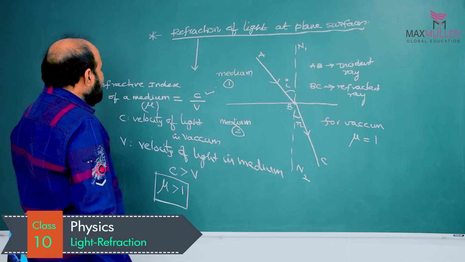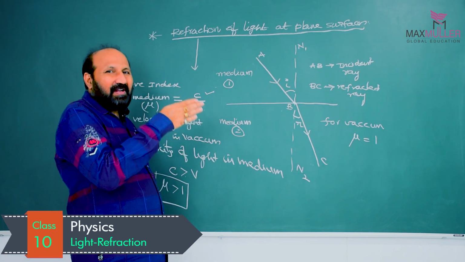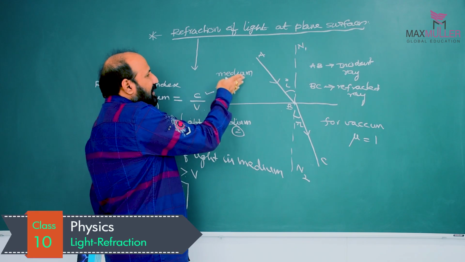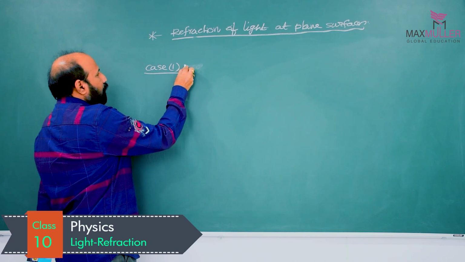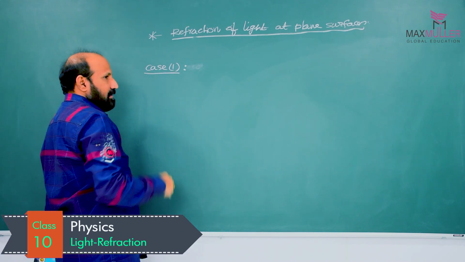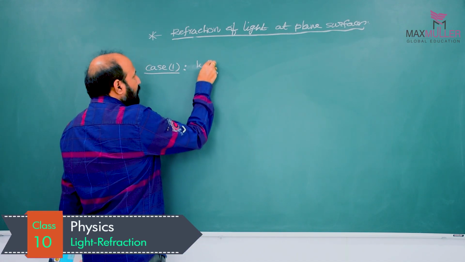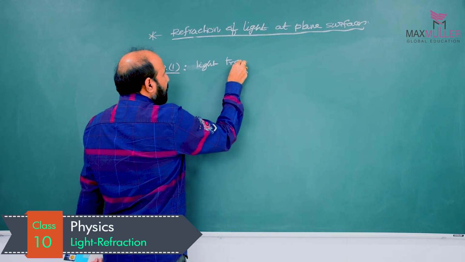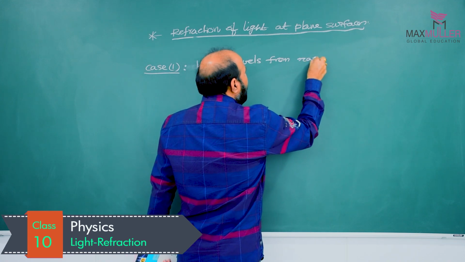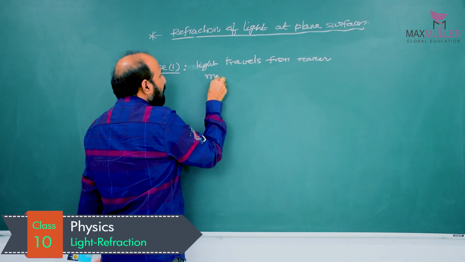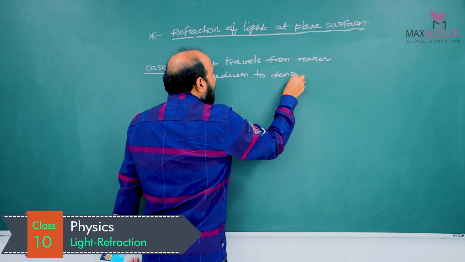Now, based upon this refractive index formula, we will see how light refracts when it transfers from rarer to denser or from denser to rarer. Okay. Now we study 2 different cases. In case 1, light travels from rarer medium to denser medium.